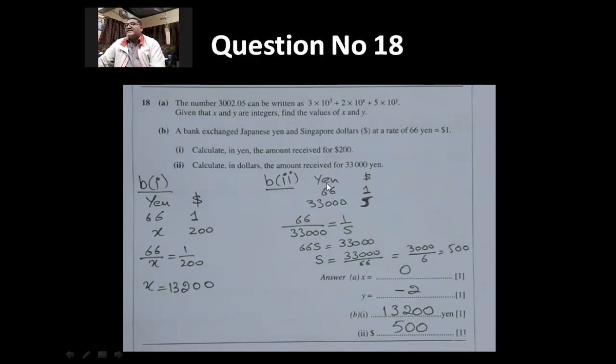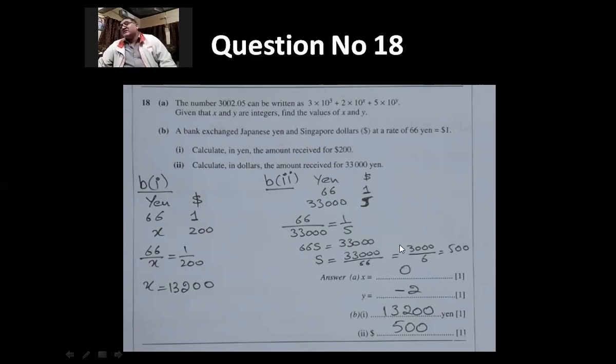The B part, he says the exchange rate is still the same, 66 yen, $1. Their question is, if they have exchanged 33,000 yen, how many dollars will they get? Dollars I'm representing with S. So 66 divided by 33,000 equals 1 by S. So 66S equals 33,000, and S will be equal to 33,000 divided by 66.